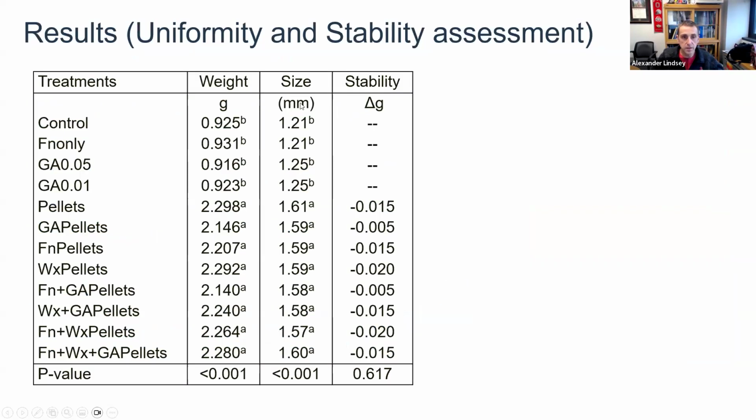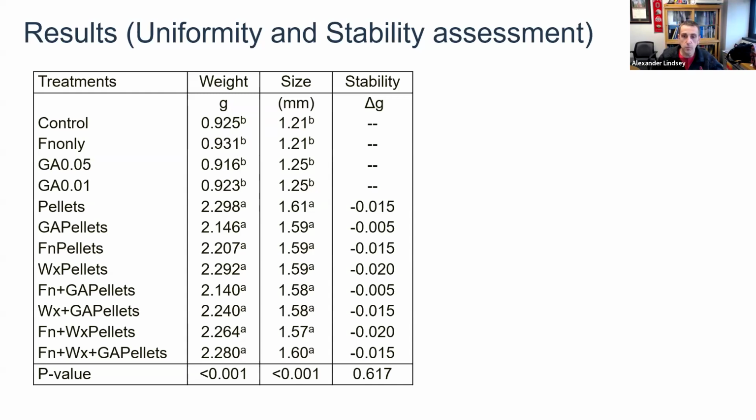And what we observed was that the fungicide treatments and GA soaked solutions didn't change seed size and seed weight, which was expected. And we did see a significant increase for all of our pelleting treatments at a similar weight and size diameter gain. So our uniformity of pellet development was very similar regardless of the pellet process.